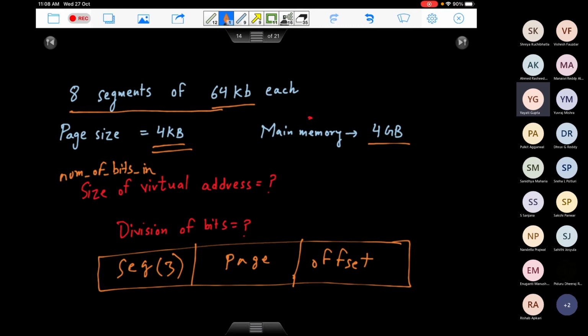You have 8 segments of 64 kilobytes each, right? So first let's look at how many bits should be there in the virtual address in total. What is the size of the virtual address? It is 8 into 64 into 2 to the power 10 bytes, which is 2 raised to the power 19 bytes. So we need 19 bits for the entire virtual address.